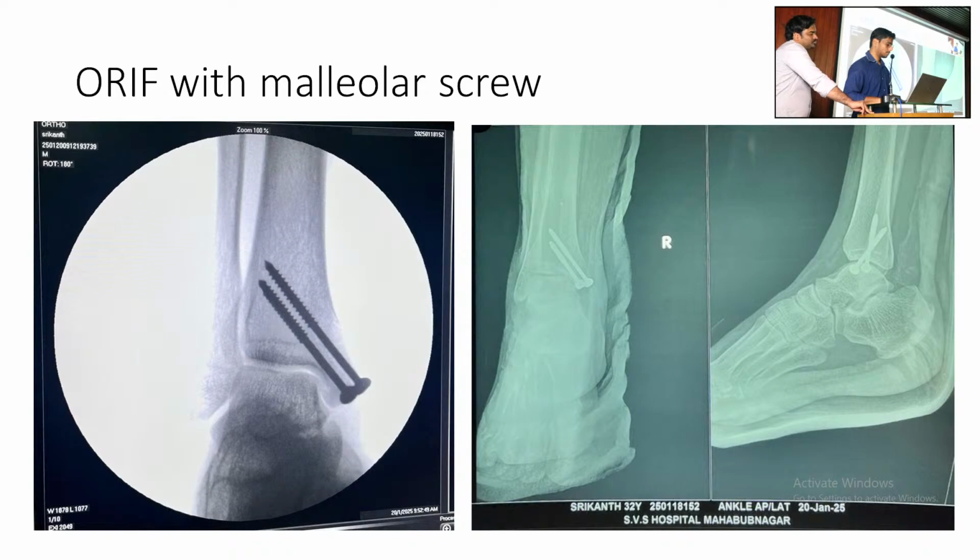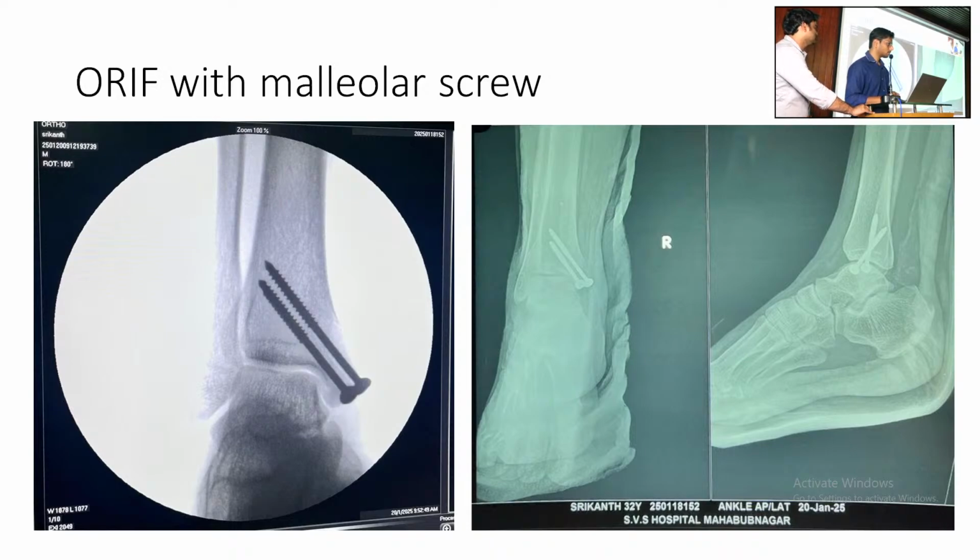Suppose you don't have a malleolar screw, you have a cortical screw. Can you achieve the lag principle with a fully threaded screw? No, sir. You can't. Can anybody answer? It can still be done if you don't have the lag screw.